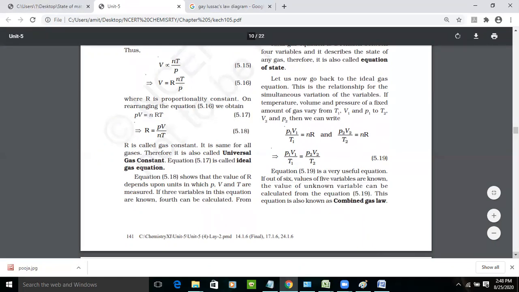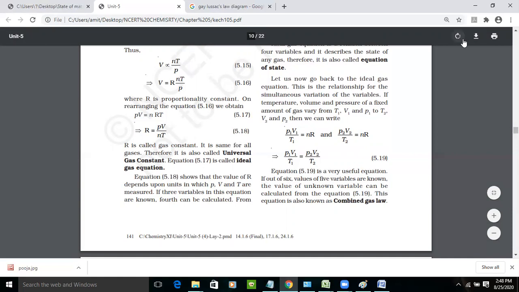And this equation is known as the ideal gas equation. So if someone asks you what PV equal to nRT is, it is the ideal gas equation. P is pressure, V is volume, and T is temperature.